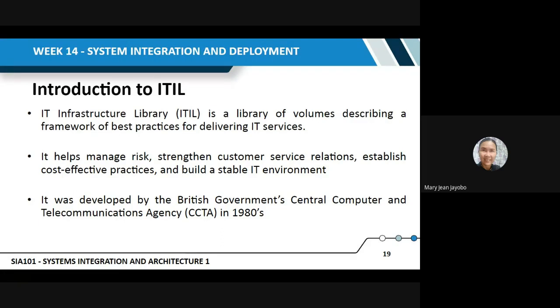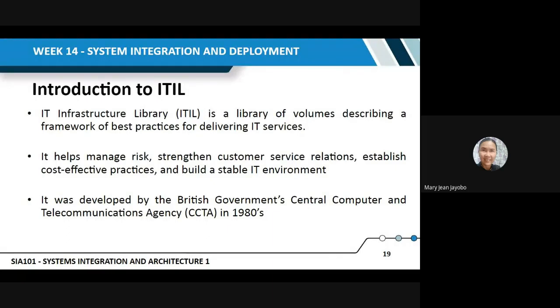And what are the requirements, or what are the things that you need to do. Okay, so what are the challenges that you may face in integrating system in a company. Okay, so at least now you have an idea on how you're going to do it.